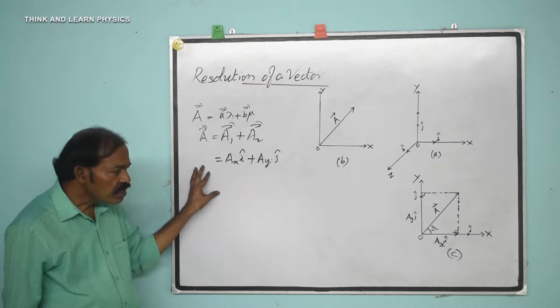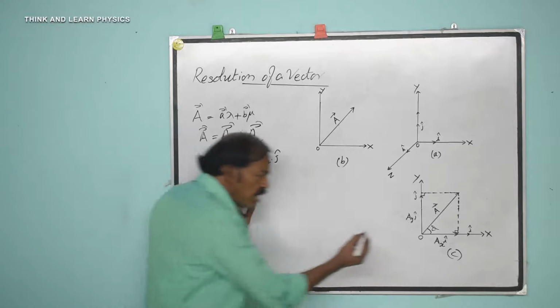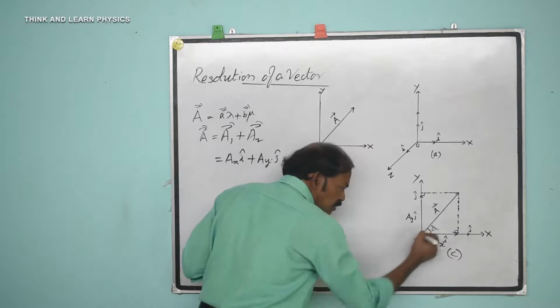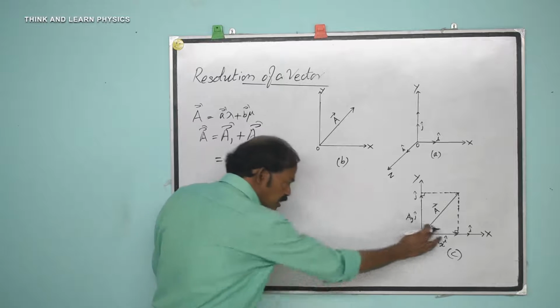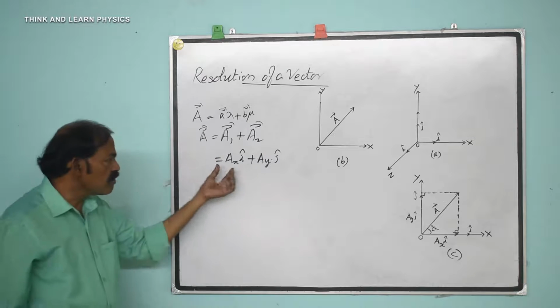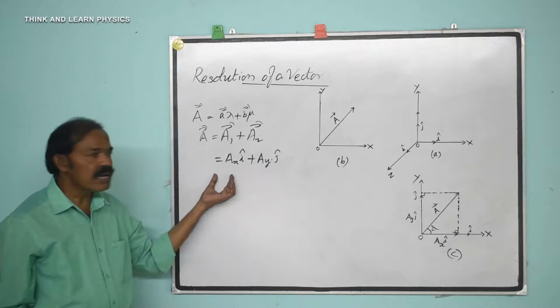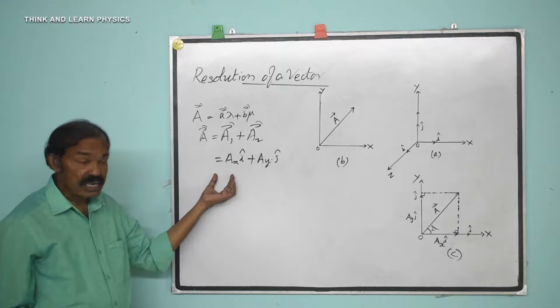Now, if we mark the angle made by the vector with the positive direction of x-axis as theta, we can express the value of Ax and Ay in terms of the modulus of A vector.